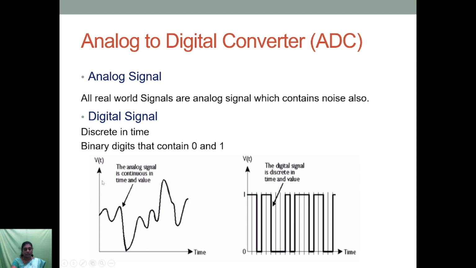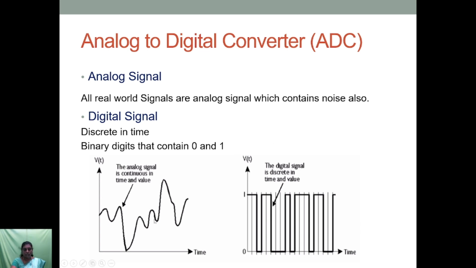Here the two signals are given separately. The first one is the analog signal. You can see it is continuously varying with respect to time. Also, this point is having the minimum analog value, and this is the maximum analog value, and we are having intermediate values also.